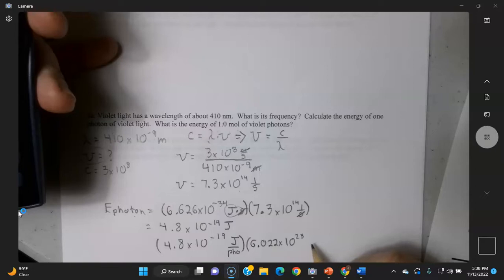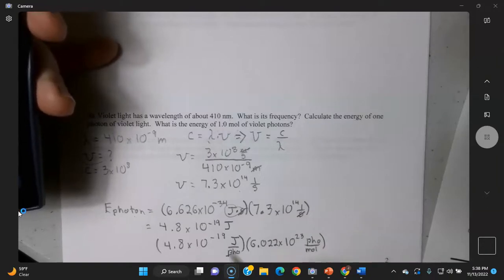And that's going to be photons per mole. Anything per mole is that number, okay? That's a mole of anything, but we're interested in photons because our units are going to cancel, so we end up with joules per mole in a mole of photons.